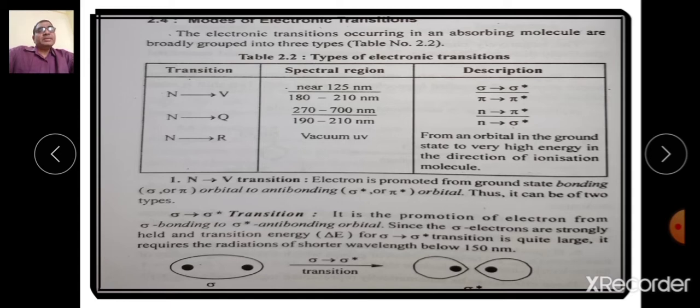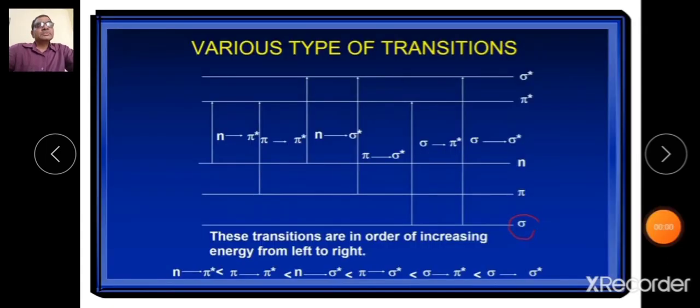It is a sigma to sigma star, that is sigma bonding to sigma anti-bonding transition. Of course, it is the promotion of an electron from the sigma bonding to sigma anti-bonding orbital. Now, students, in this diagram, the various energy levels are shown.